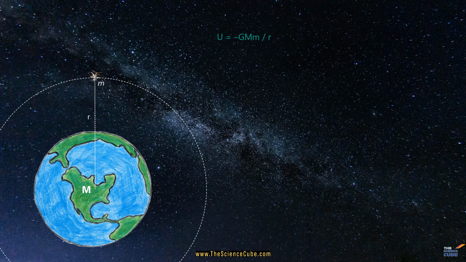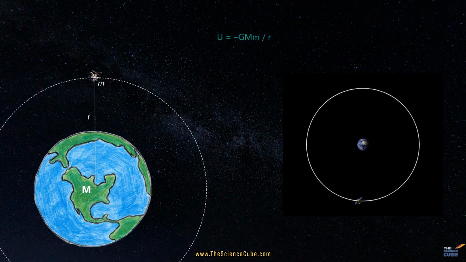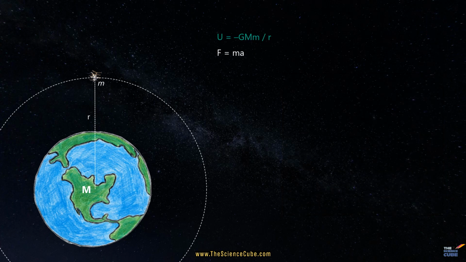So now let us find the kinetic energy of the satellite as it orbits the Earth in a circular orbit. For this, we make use of Newton's second law, F equals ma, and put the gravitational force GMm upon r square for F, because that is the only force acting on the satellite, and for a we substitute v square upon r, that is the centripetal acceleration the satellite experiences.